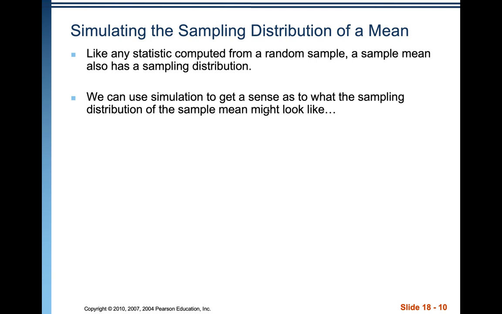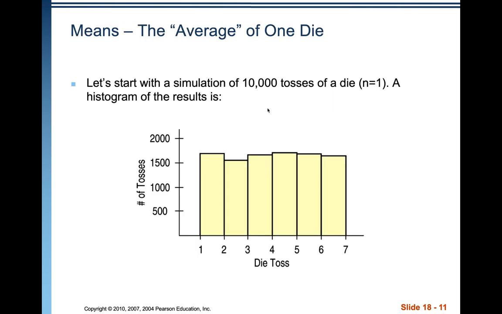This time, let's look at a simulation just to see how the shape of the sampling distribution is affected by the sample size. So let's start with a simulation of 10,000 tosses of a standard fair 6-sided die. And this time, we're going to have a sample size of 1, so just the outcome from one die being rolled.